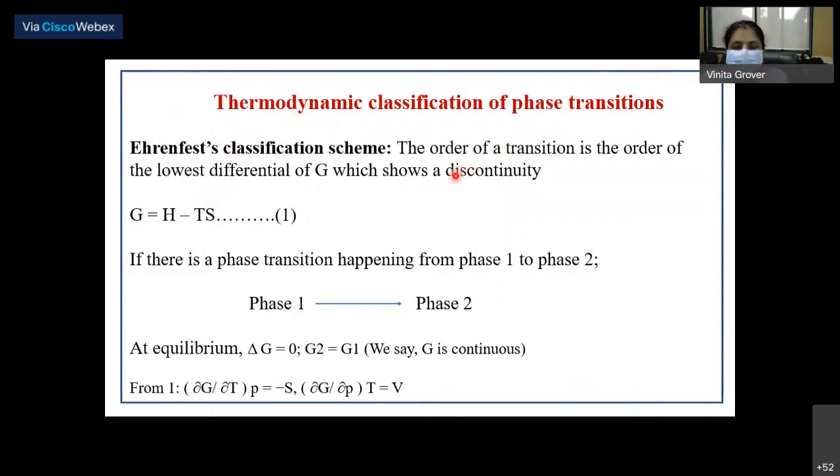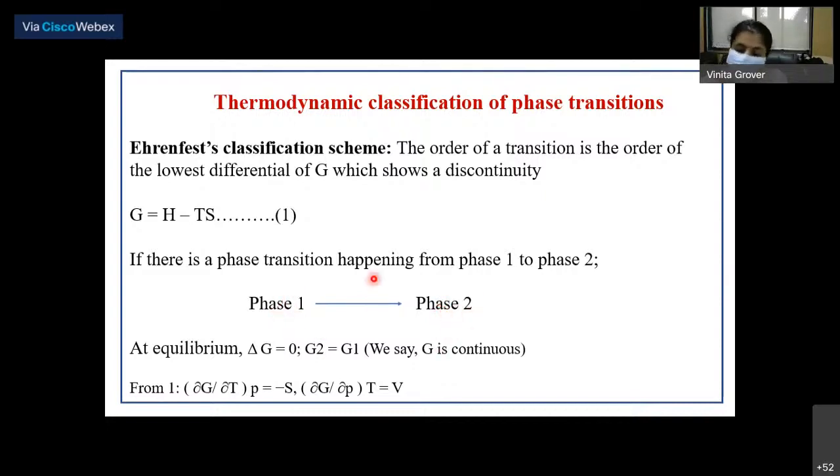Order is basically, okay, let me start in a very simple way. If there is a phase transition happening from phase 1 to phase 2, at equilibrium, delta G is 0. We know thermodynamics, when there is an equilibrium reaction, your change in free energy is 0. Suppose I'm going from phase 1 to phase 2, this has G1 and this has G2.